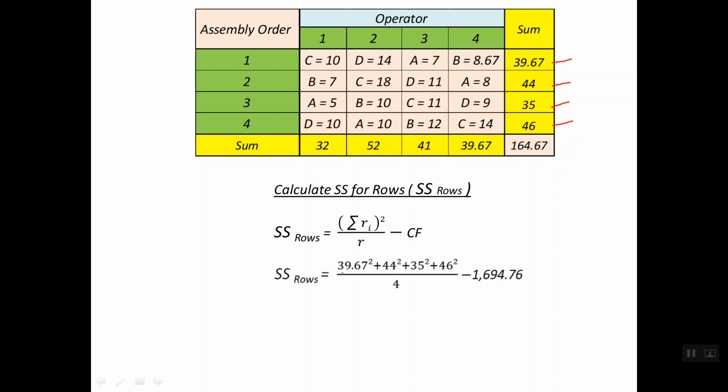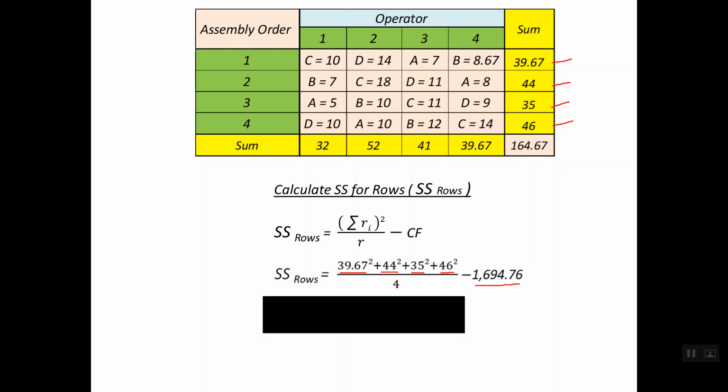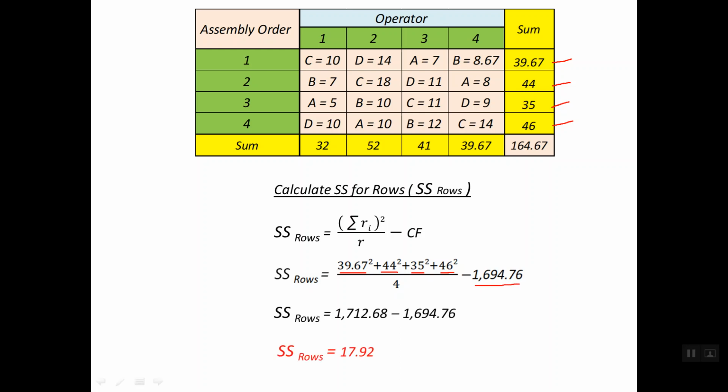So this is the value of row 1, and this is the sum of row 2. This is for row 3 and this is for row 4. We square and sum up, divide by 4, and subtract the correction factor. If you proceed, you will get the SS for the rows equal to 17.92.